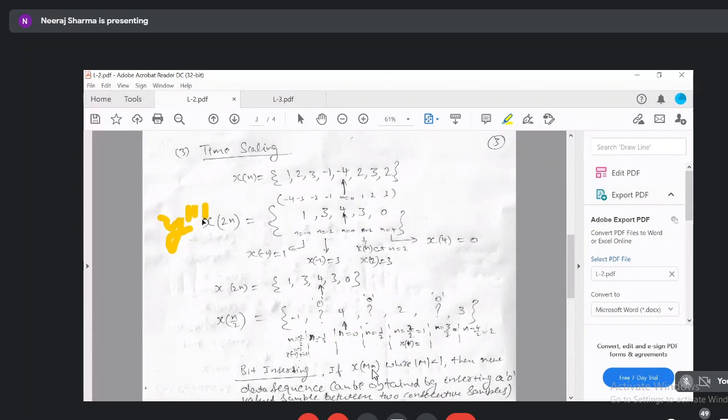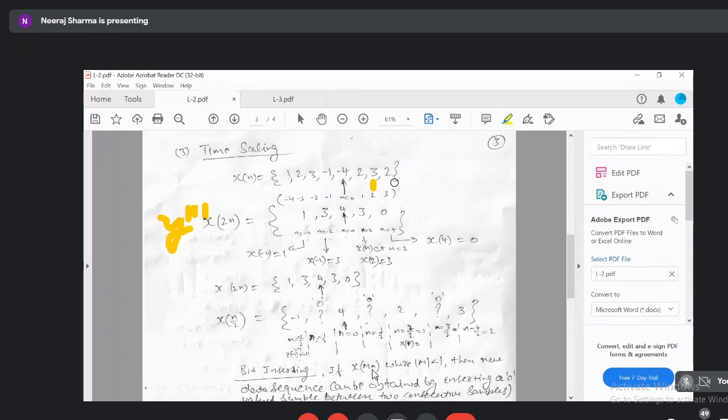Y1 will be equal to x of 2 into 1, that is y1 will be equal to x2. So the value of y1 is equal to x2, and what is the value of x2? It is equal to 3, right? So y1 will be equal to x2, so the third element value will become 3. Similarly, y2 will be equal to x of 2 into 2, that is x4.